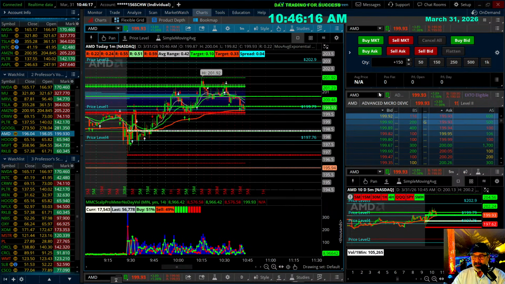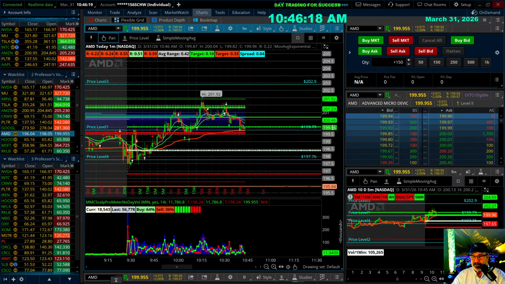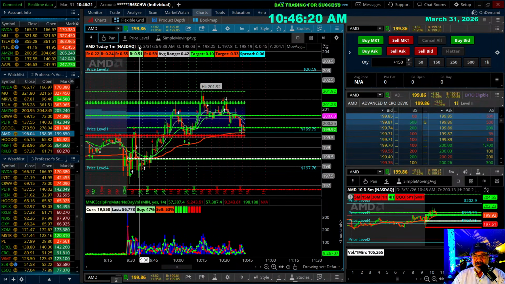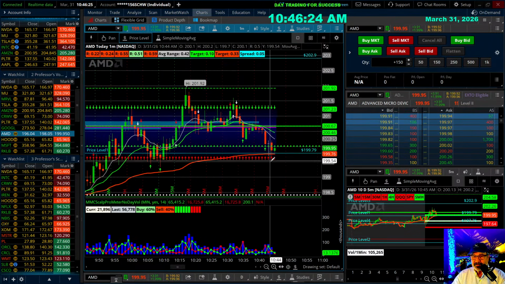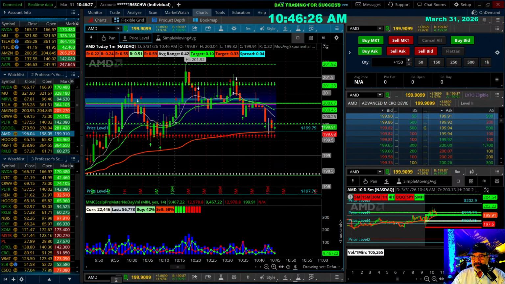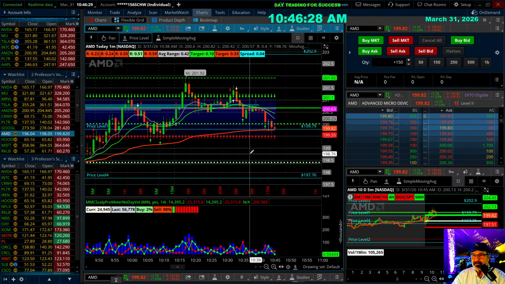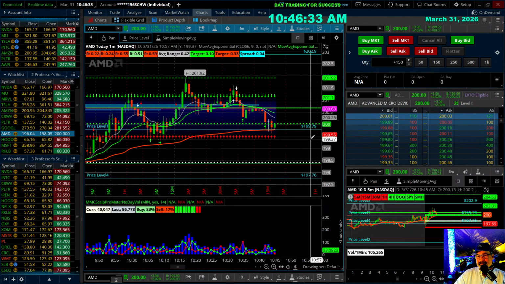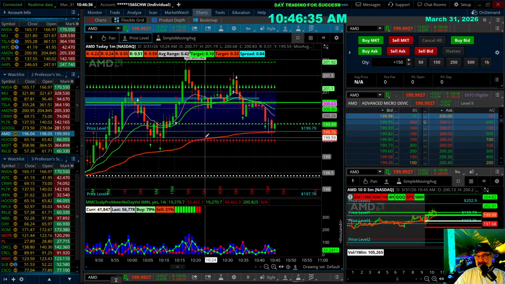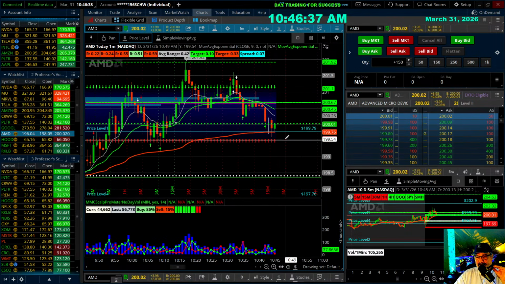So I've always thought of 200 being a serious support or resistance level, $200 on this stock. This is the one I got trapped in yesterday, but then it ended up making good money for me.